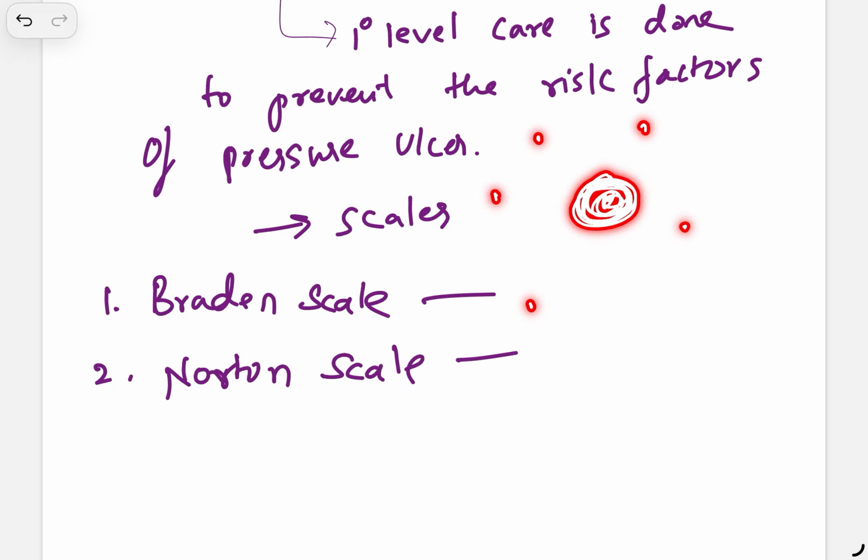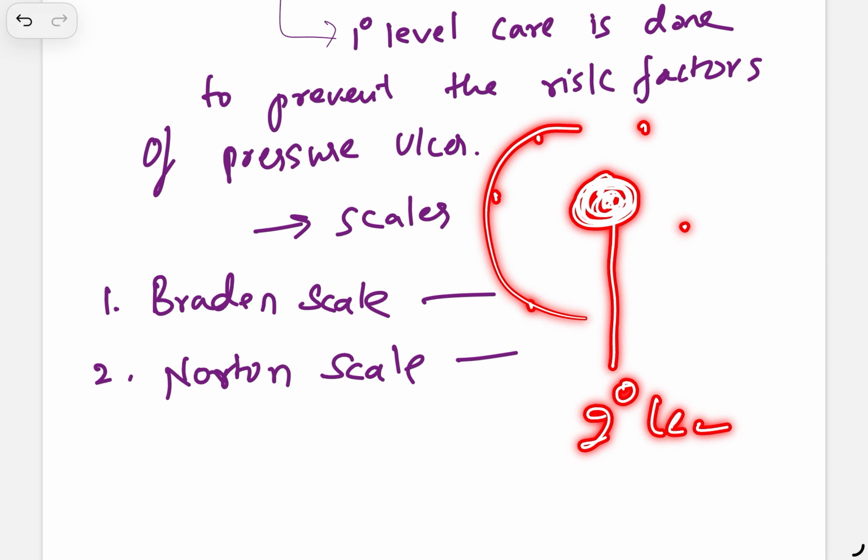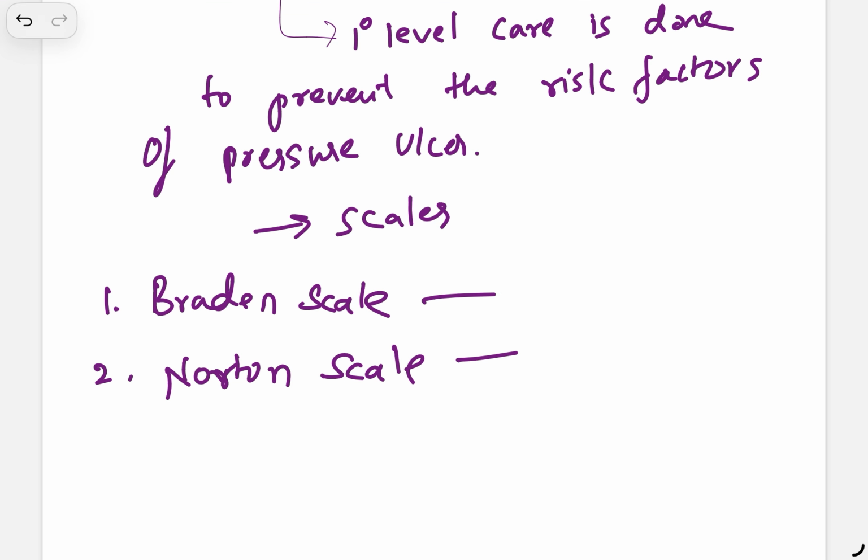For the wound you are giving the secondary level of care, but the surrounding tissues are healthy, so you are giving the primary level of care. That means you are preventing the surrounding tissue from getting a pressure ulcer, and the wound management, that is treatment, is called secondary level of care.